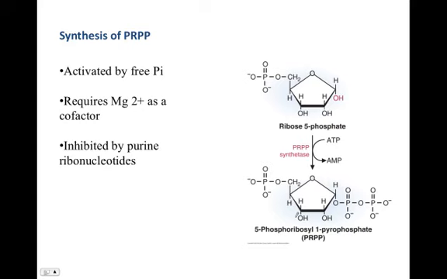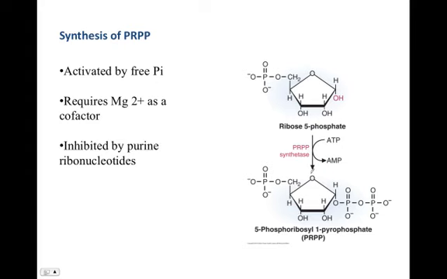Now let's look at the synthesis of PRPP, or phosphoribosyl pyrophosphate. This is the charged 5-carbon sugar required for the synthesis of both purines and pyrimidines. Ribose 5-phosphate is synthesized from a pathway termed the hexose monophosphate pathway, which we'll discuss in later modules. Keep in mind that ribose 5-phosphate is initially metabolized from glucose.